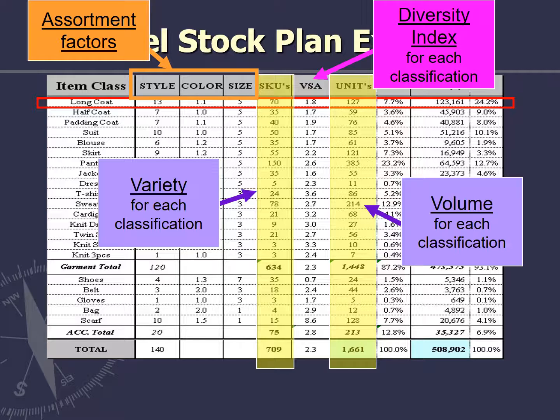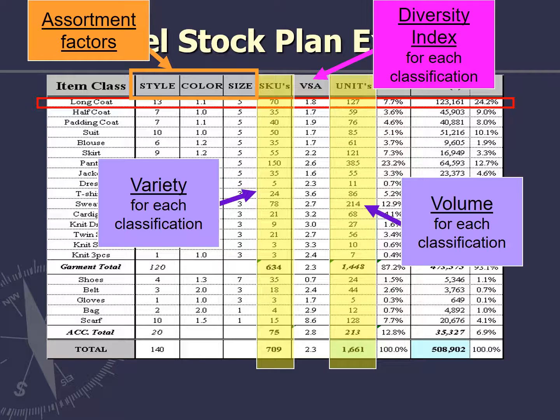So overall, for example, for the long coat class, the plan is to carry 13 styles of long coat in the average of 1.1 colors per style and 5 sizes per style color, and that gives the variety of 70 SKUs.